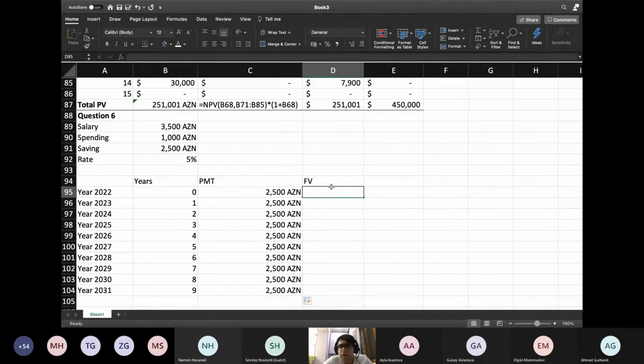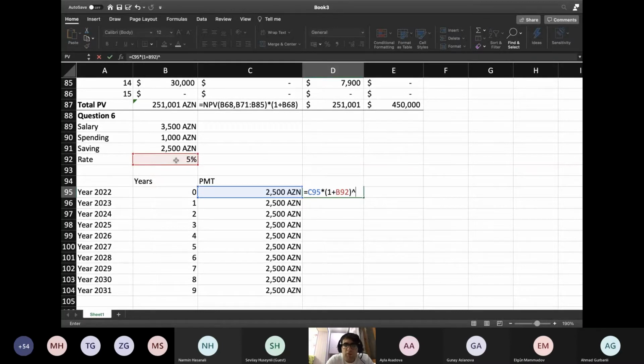And the future value of this money. Future value is the payment multiplied by one plus the rate to the power of 9 minus 0.